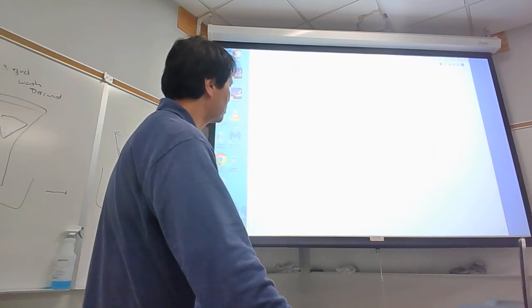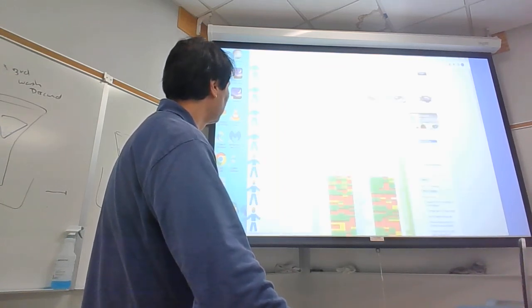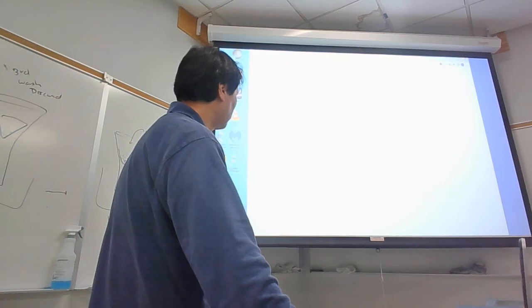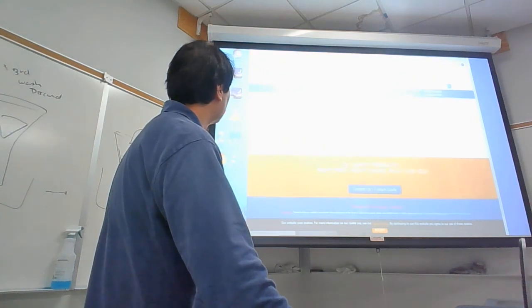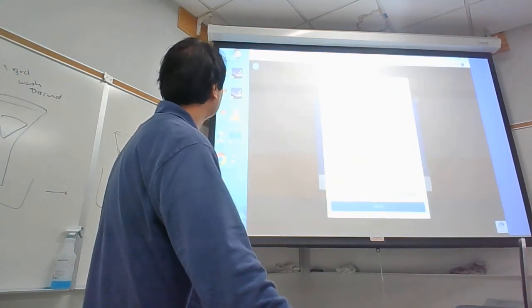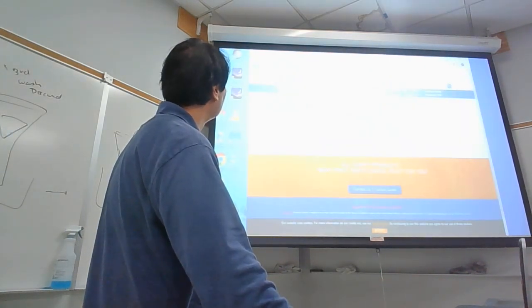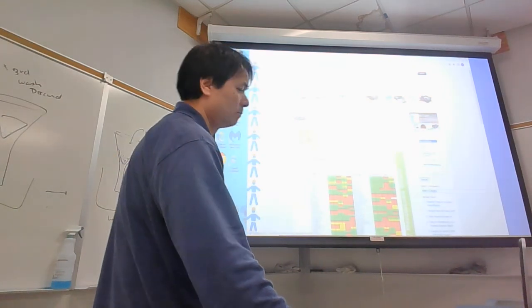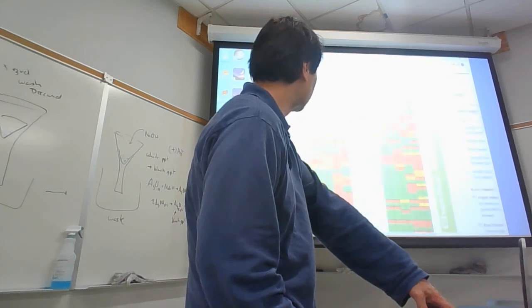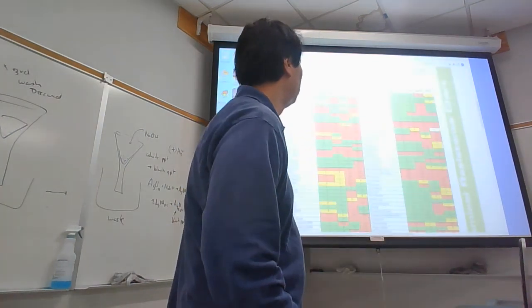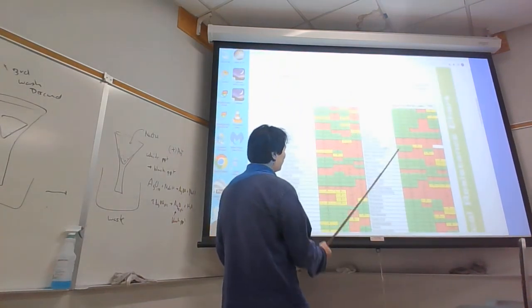A lot of glove manufacturers supply a chart like this. Red is not recommended. Green is good. Yellow is borderline.